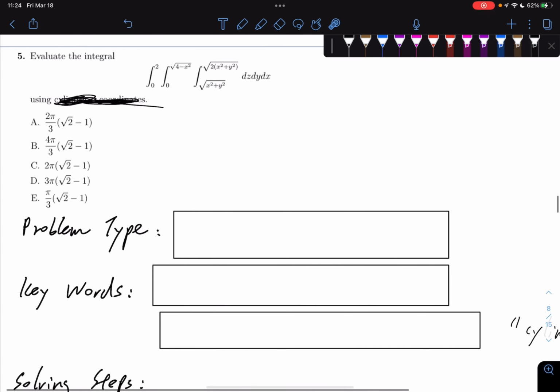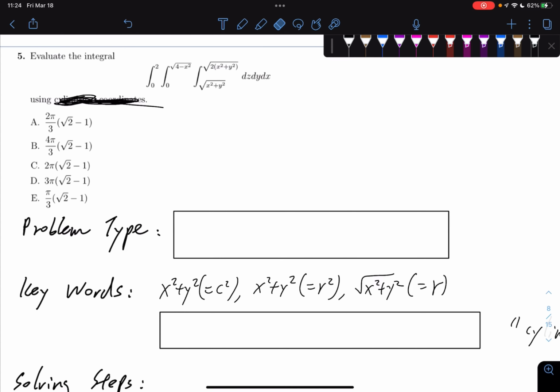So I'm seeing lots of x squared plus y squared equals r squared, and the square root of that equals r. I'm seeing a lot of these similar expressions. This is hinting me to switch to cylindrical. Once we draw the region out, we will notice that this becomes a partially circular region of integration.